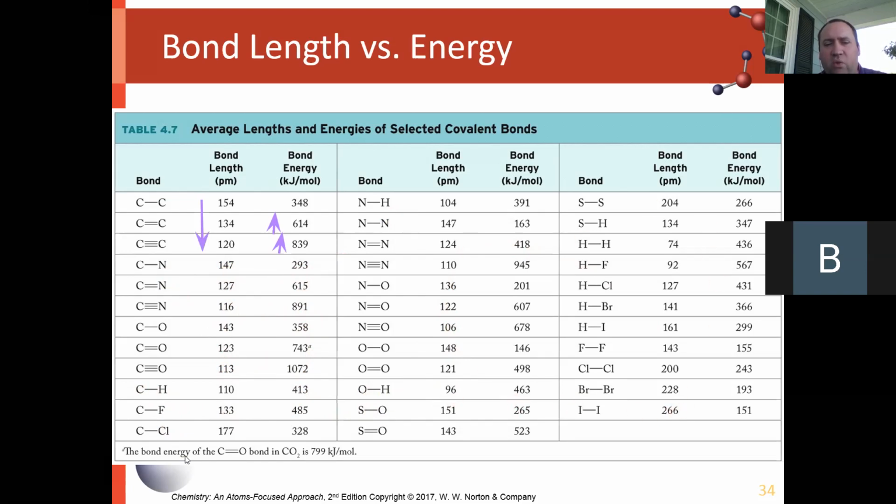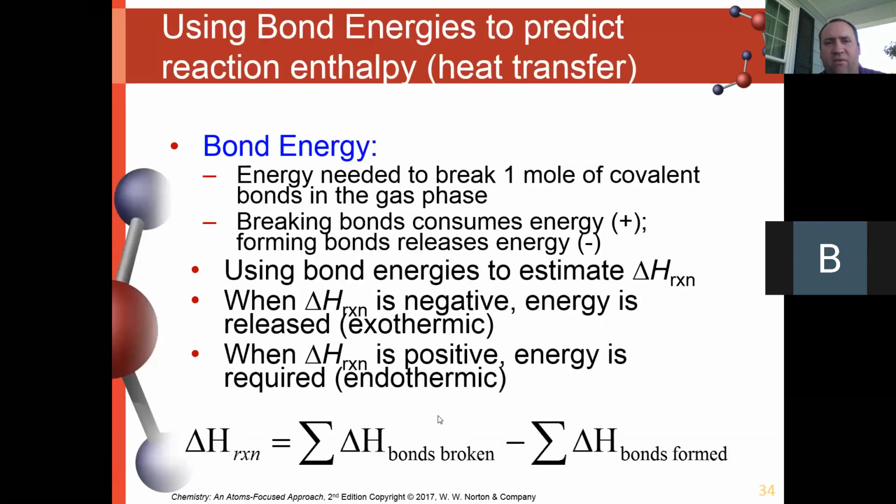Now, how do we use this information? What kinds of information do we pull out of this? Well, one of the things we can do is use this information to figure out the enthalpy of our reaction, so how much heat is transferred in our chemical reaction.